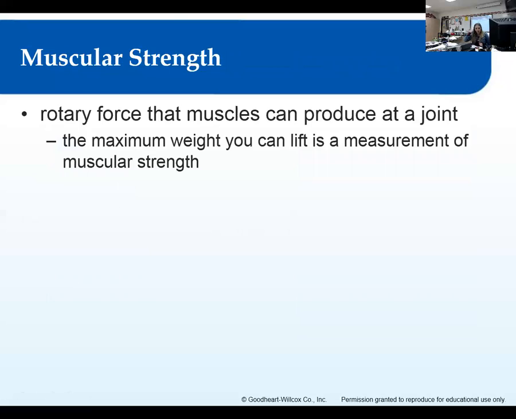Okay, muscular strength says rotary force that muscles can produce at a joint. So usually when you're measuring your strength and you're using weights, it's joint related. How strong is your muscle to move that particular joint? Another word here is torque. It says it's the product of the size of the force from the axis of rotation.